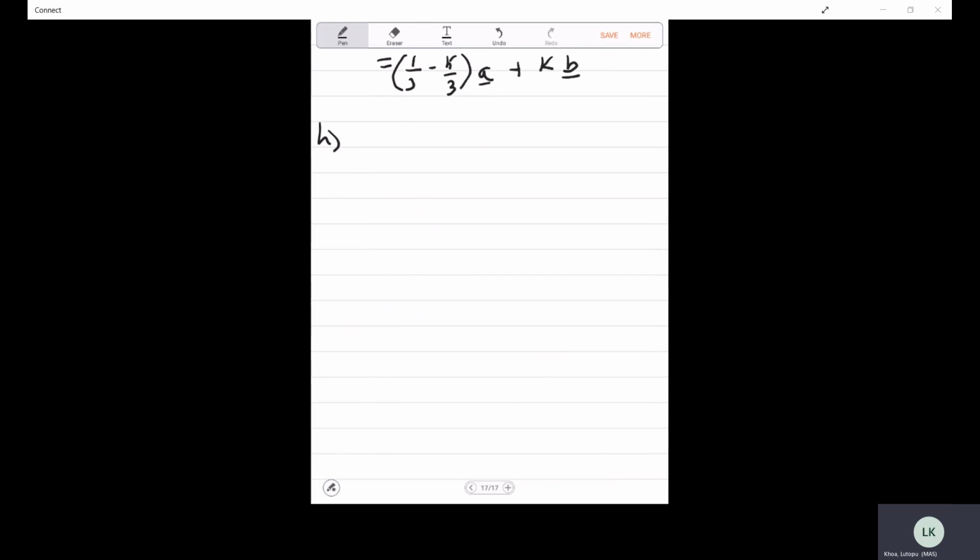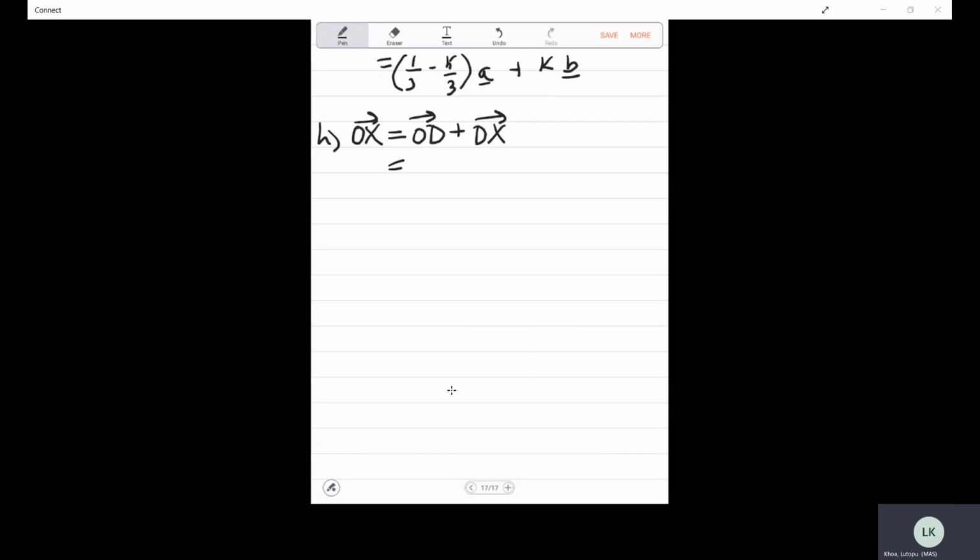So I should go from O to D and then from D to X. That's what it's saying. So OX is equal to OD plus DX.